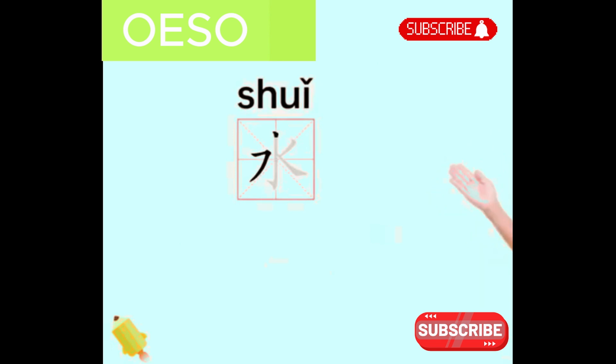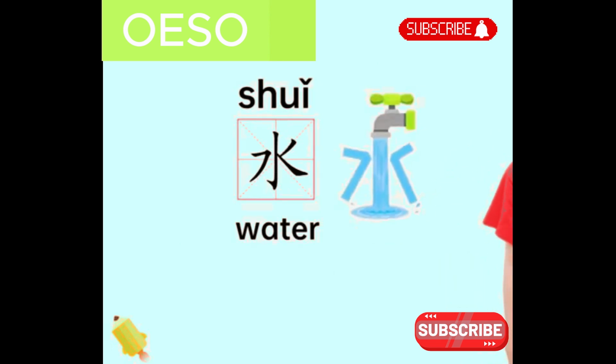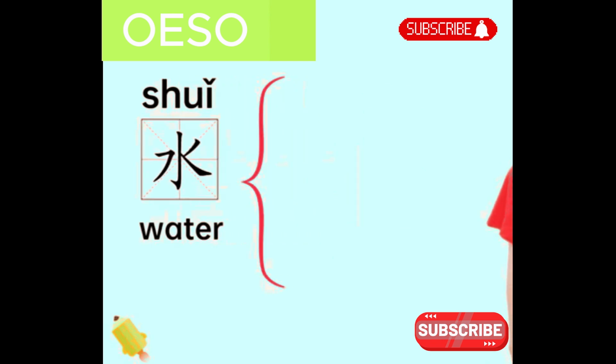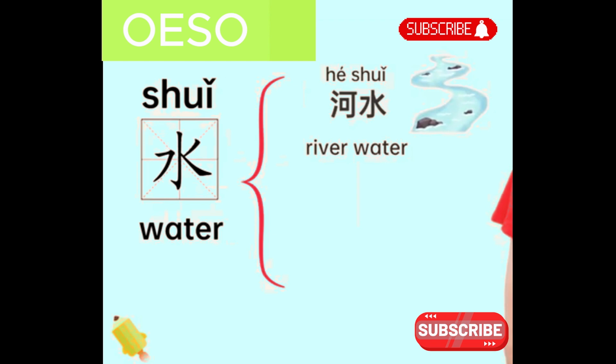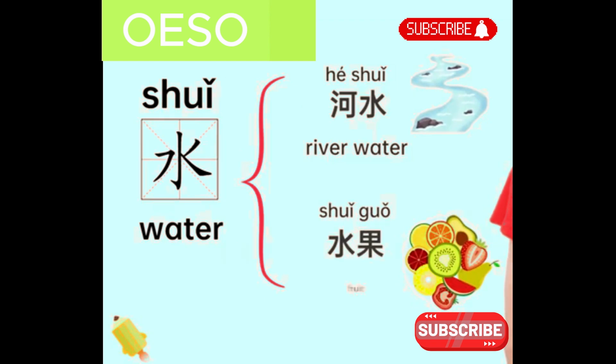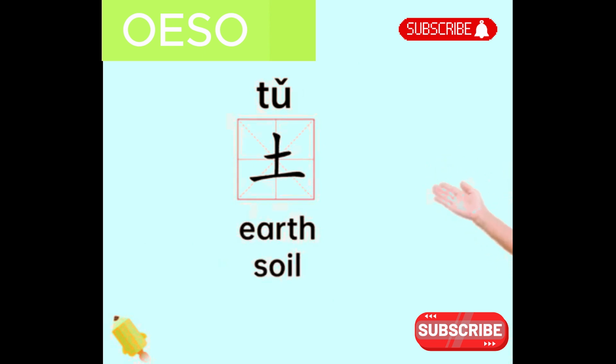水, water. Imagine it as a depiction of flowing water. This character is essential to words like 河水 for river water and 水果 for fruit. 土 is the Chinese character for earth or soil.